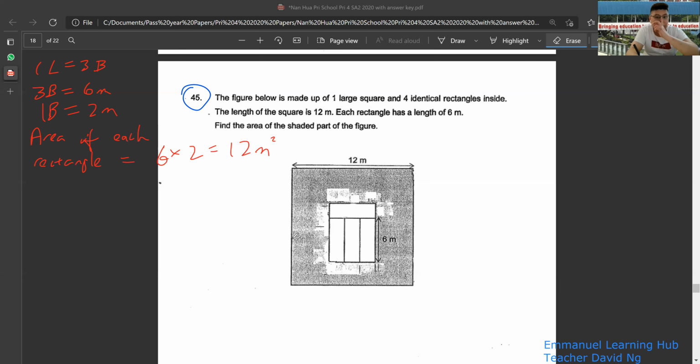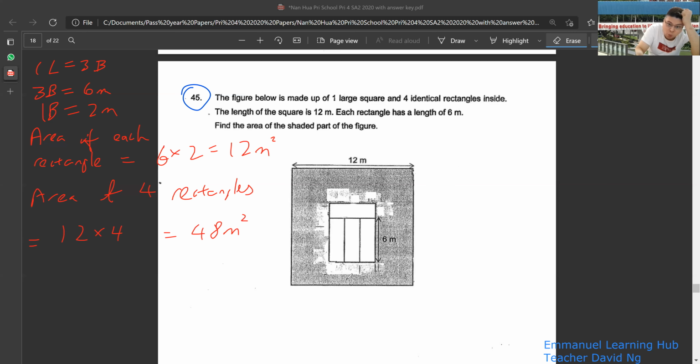How many rectangles are there? 4 rectangles. So area of 4 rectangles would be 12 times 4, equal to 48. So area of 4 rectangles is 48.